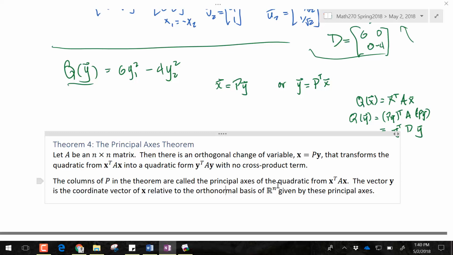If it's orthogonal, those matrices would be the actual transformation. The columns of P in the theorem are called the principal axes of the quadratic form, and the vector y is the coordinate vector of x relative to the orthonormal basis. So the orthonormal set of bases is a change of basis.